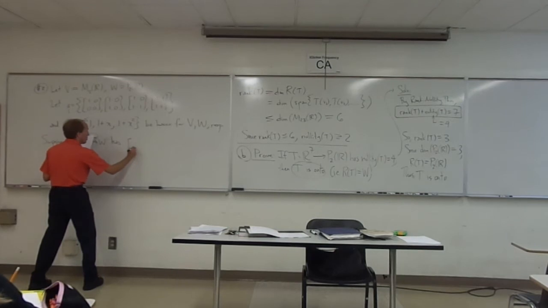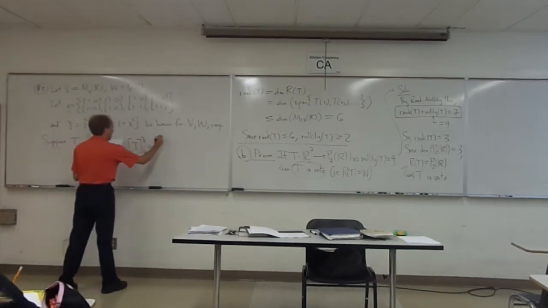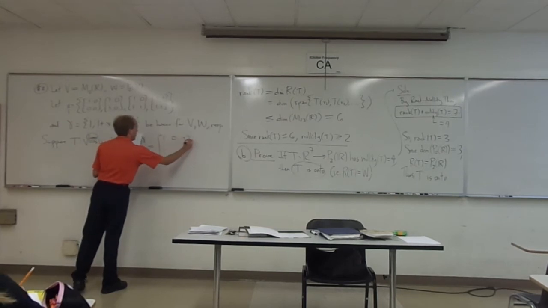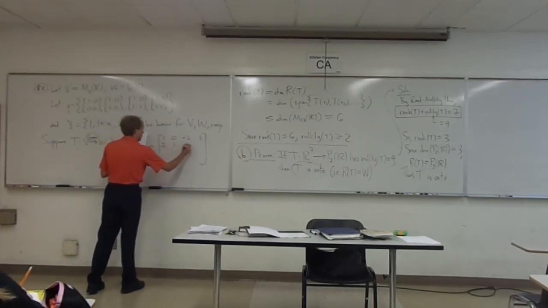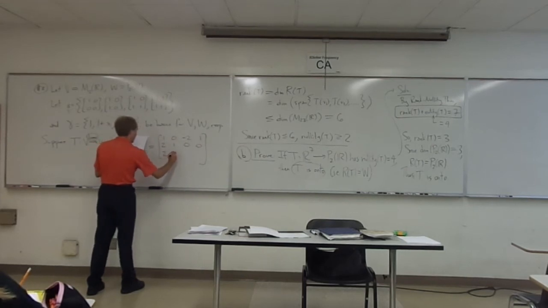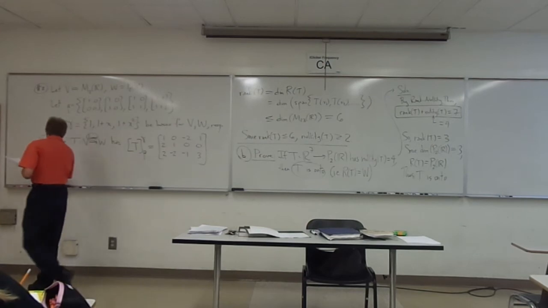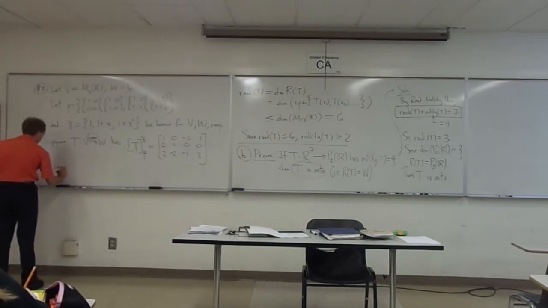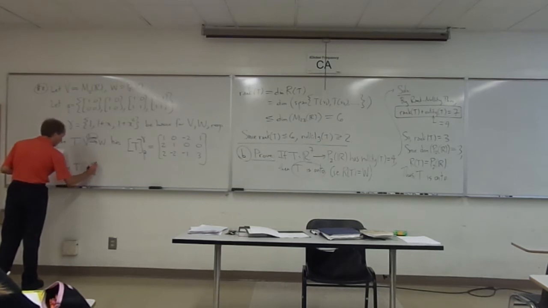T has a matrix representation from beta to gamma, which is the following matrix: [1, 0, -2, 1; 2, 1, 0, 0; 2, -2, -1, 3]. And here's the question. Compute T of [1, 4; 0, 6].